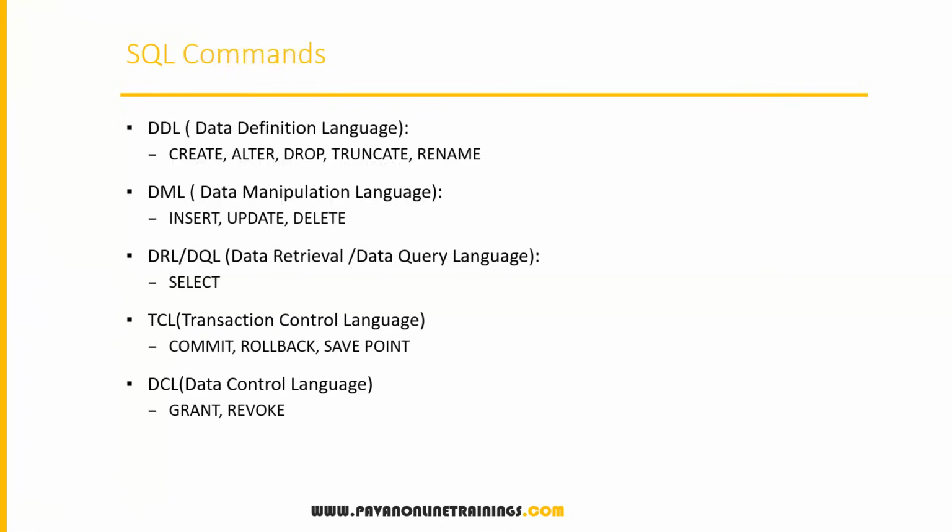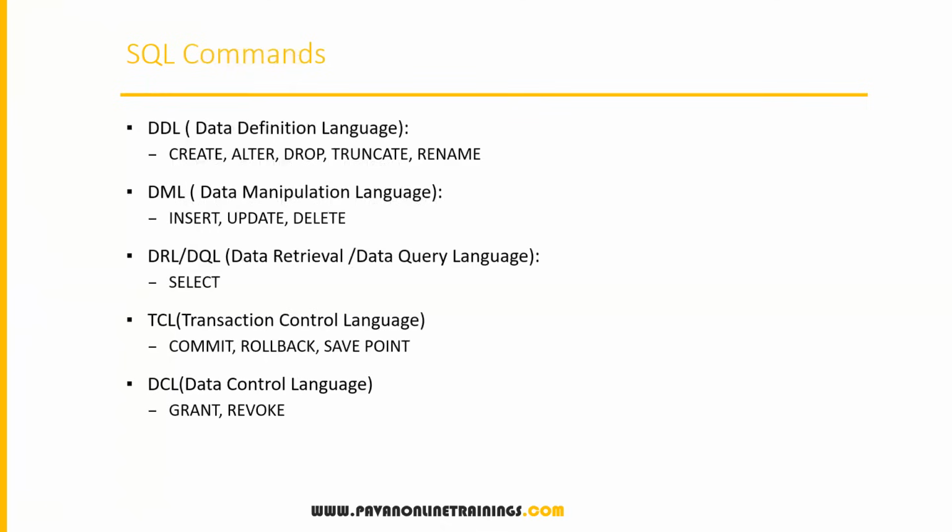And suppose by mistake I have done something wrong in the database, I need to roll back that change. How can we do that? We need a command, and rollback will do that. Savepoint is also there, which is just like a bookmark. So these 3 come under transactional control language: commit, rollback, and savepoint. We are also going to discuss these commands in our sessions.